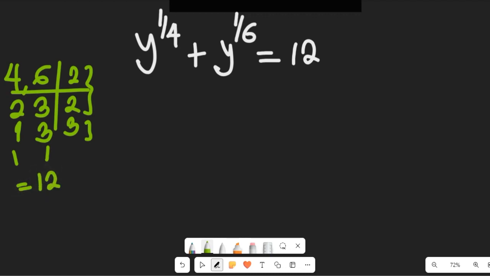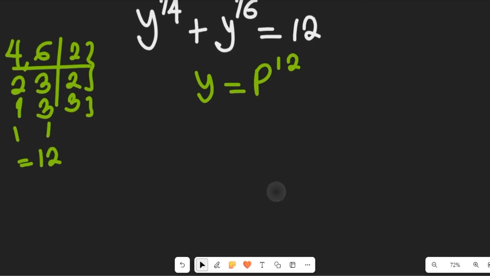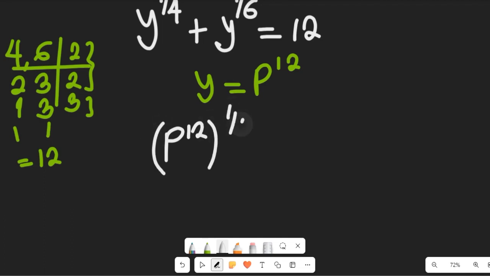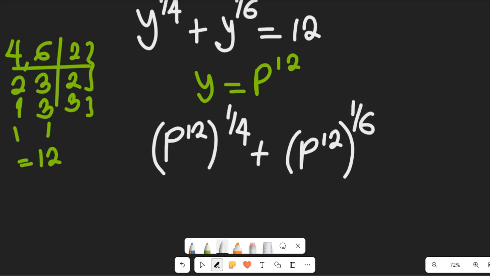So having seen that, we are going to let the value of y be equal to p to the power of 12. That means wherever we find y, we'll replace it with p to the power of 12. So this is going to give us p to the power of 12 all to the power of 1 divided by 4 plus p to the power of 12 all to the power of 1 divided by 6, and this will be equal to 12.